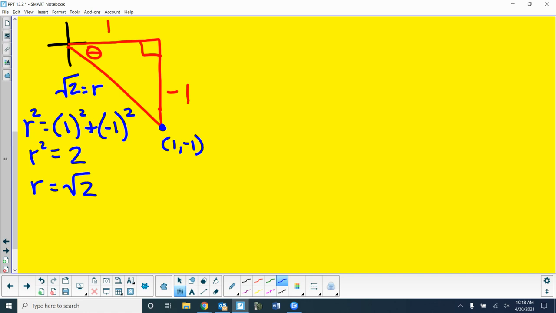Okay. So sine of theta is opposite -1 over hypotenuse radical 2, or y over r, which is what they were telling you yesterday. Rationalize it.